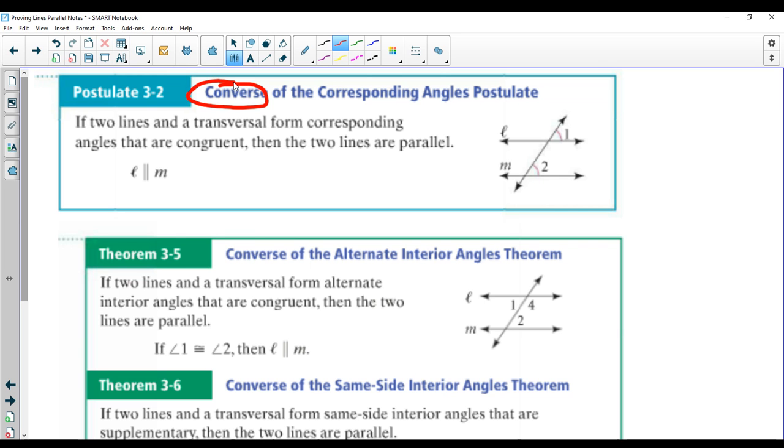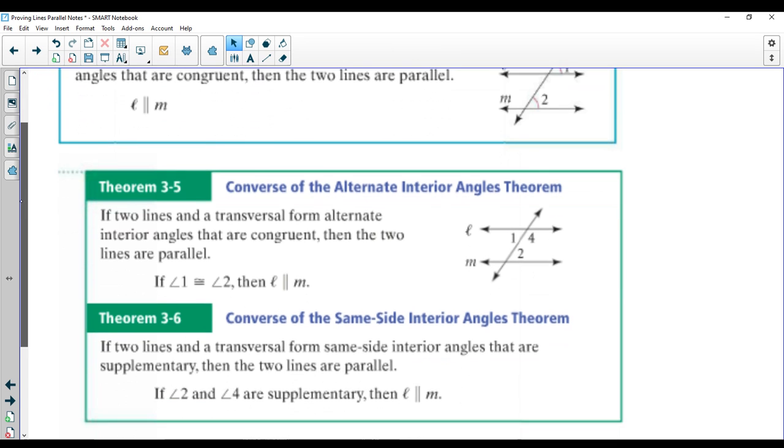That's roughly what it says. I don't know what it says verbatim, but we're taking that theorem and turning it around. Now we're saying if two lines and a transversal make corresponding angles that are congruent, then the two lines are parallel. So in our picture, if angle 1 and angle 2 are congruent, those are correspondings, and so those lines L and M have to be parallel.